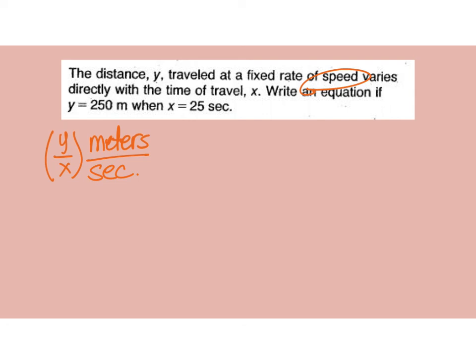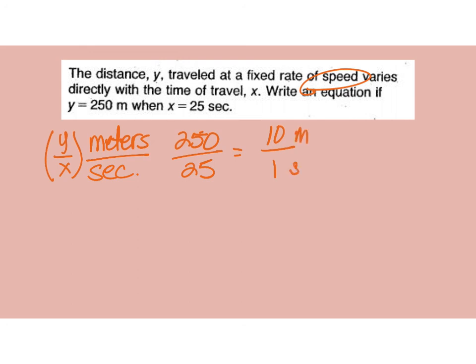Now they're giving us a rate of 250 meters in 25 seconds. But what we truly need is the rate per second, because remember, that's the constant, like this constant speed that we're traveling at. So what would be the rate or the speed at which we're traveling? 10 what?